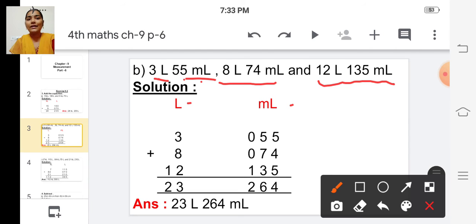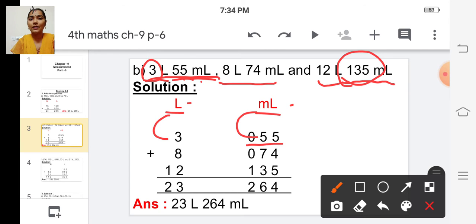And write the values below these units. First capacity is 3 liter 55 milliliter. So write 3 below this liter and write 55 below this milliliter. Here I have written 055. Why? Because here we have a 3-digit number, 135.